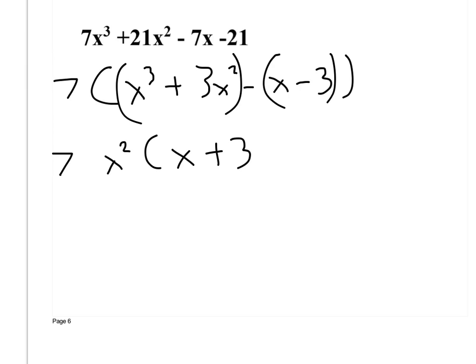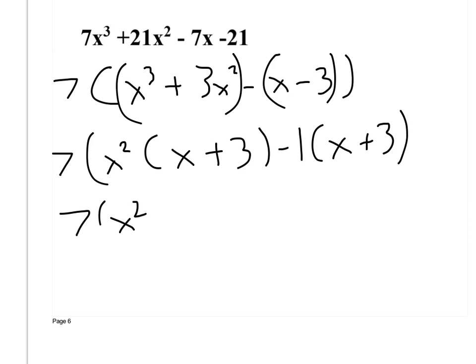What can I take out of negative x and negative 3? Negative 1. Well, I'm left with x plus 3. See how we're trying to get this to be the same thing as this? Remember doing that? So then I combine what's in front and I combine what's in back.